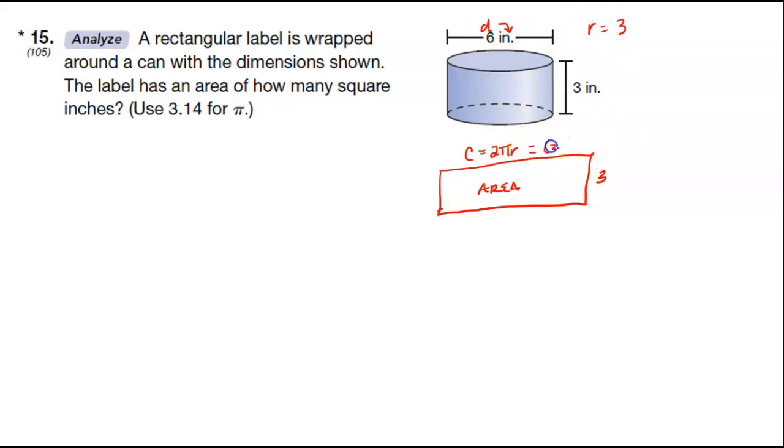So this is 2 times 3.14 times 3, which is 18.84. So area is length times width, so 18.84 times 3, which is 56.52.